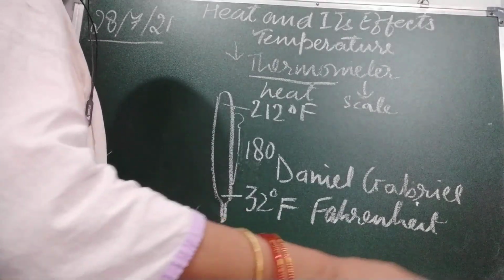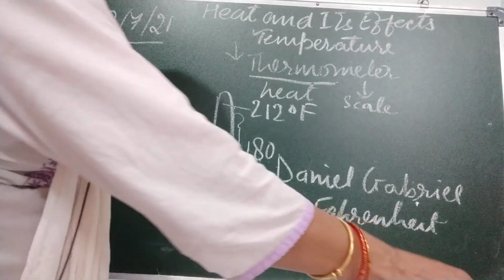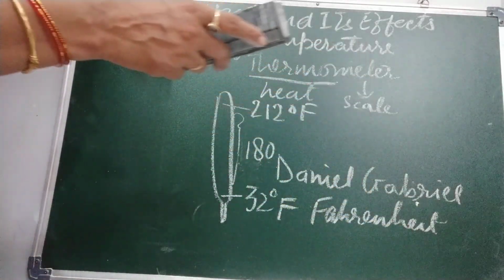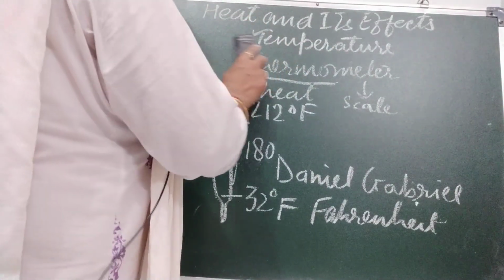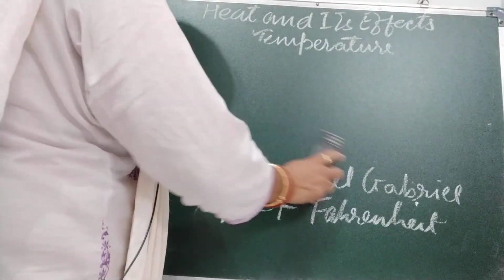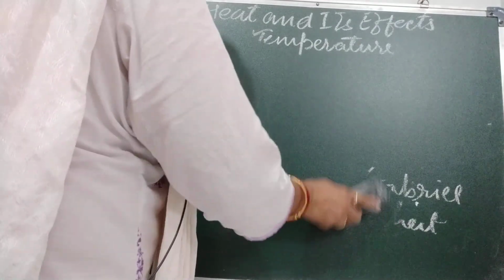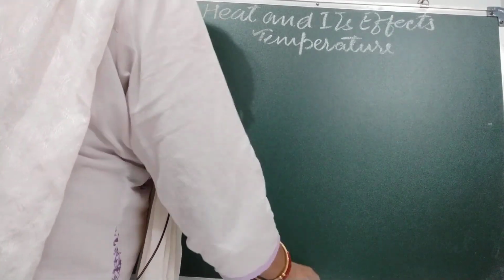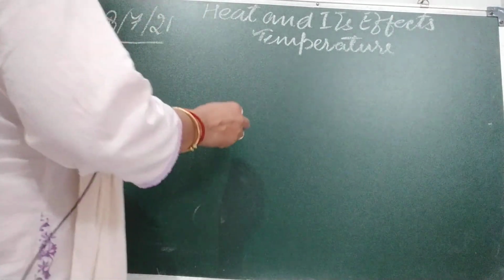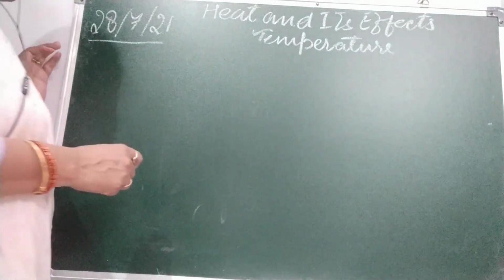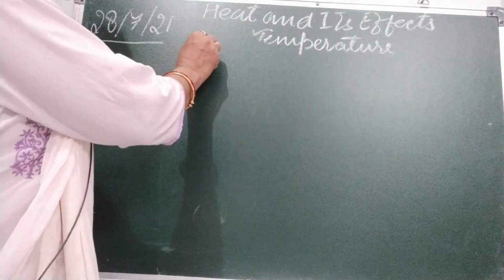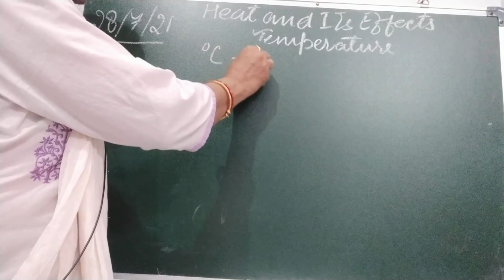Now children, we are going to discuss conversion from one scale to another. Since we use both scales frequently, sometimes we need to convert one to the other. First, I am going to tell you how to convert degree Celsius into degree Fahrenheit.